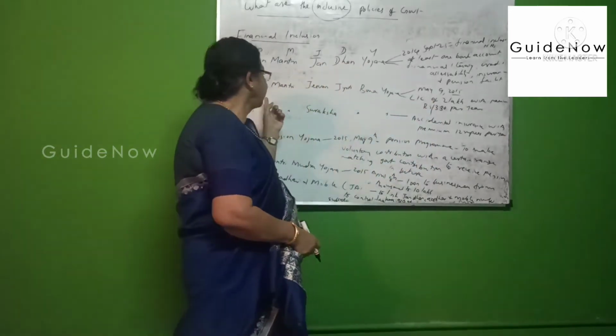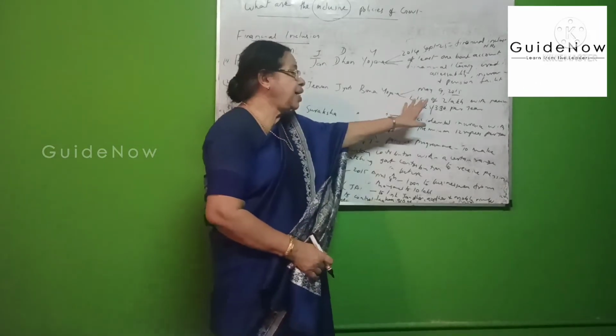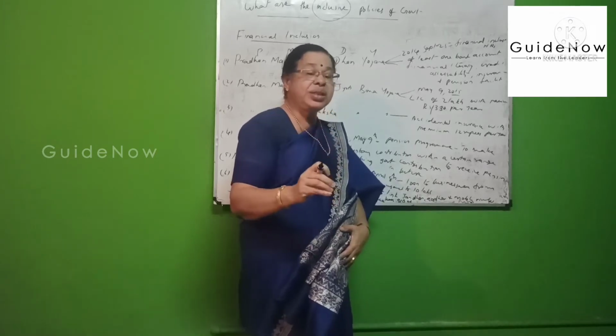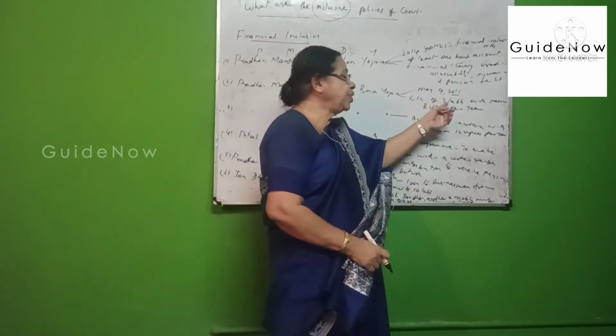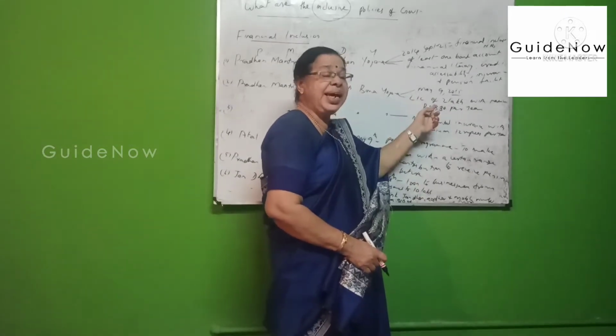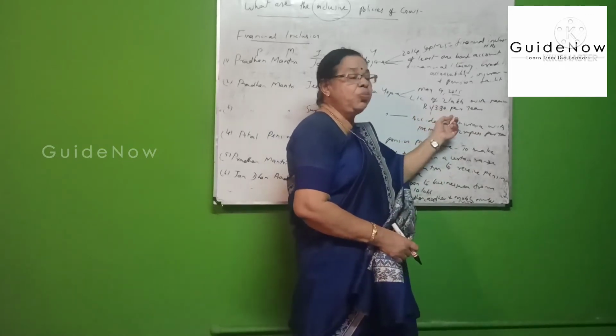That is the scheme of Pradhan Mantri Jeevan Jyoti Bima Yojana. It started on 9 May 2015. Under this, life insurance of 2 lakh rupees is allowed for 330 rupees per year.